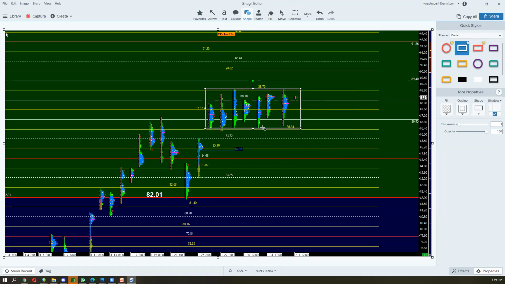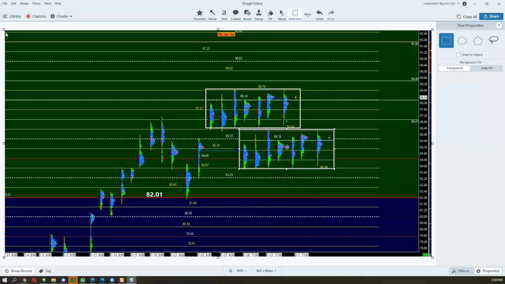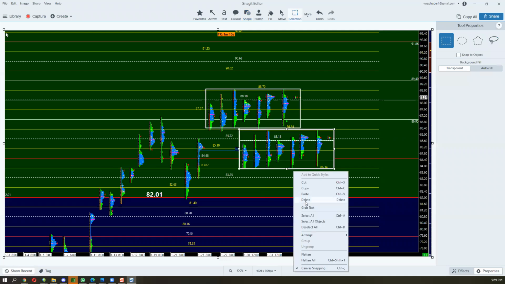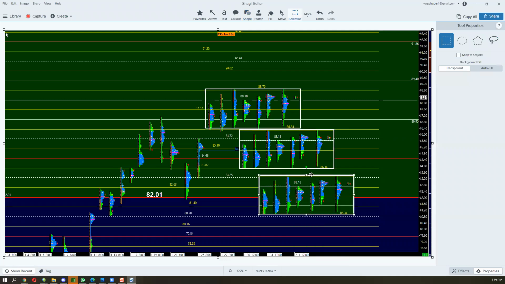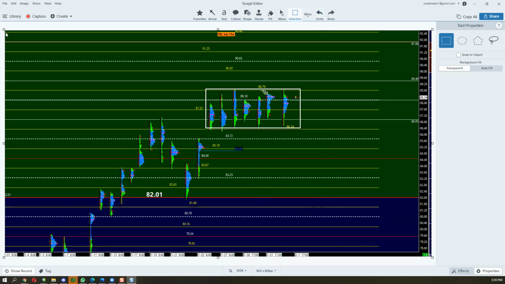Copied the whole thing. It's just supposed to copy the box. Anyway, if we broke lower, our target would be down here in the oil market. I don't know why it's doing this. It's really weird, right? So you'd have two of these boxes down, and that would be your lower target.